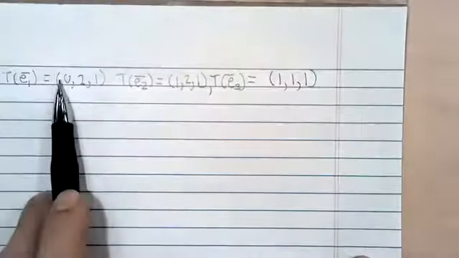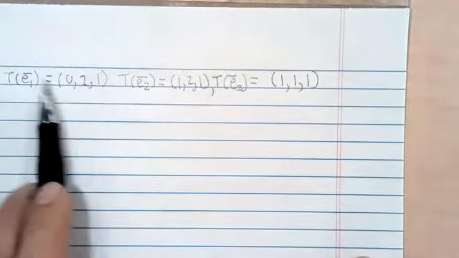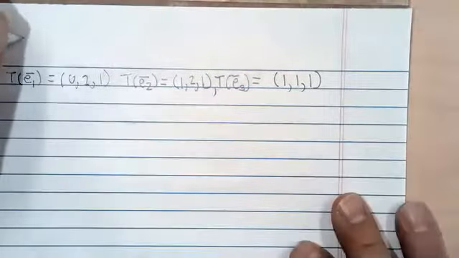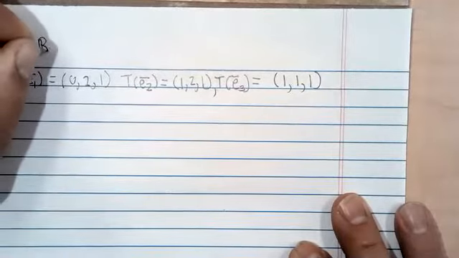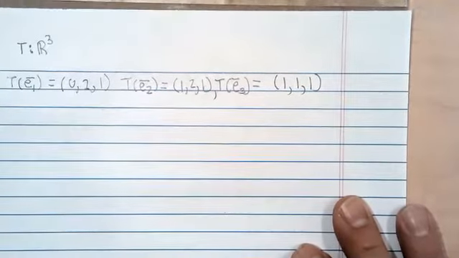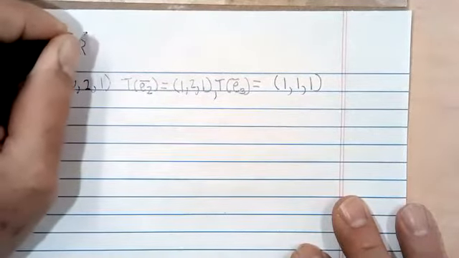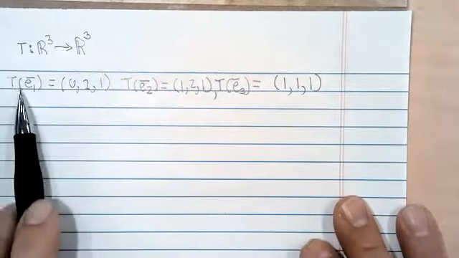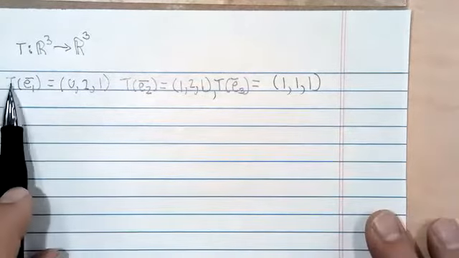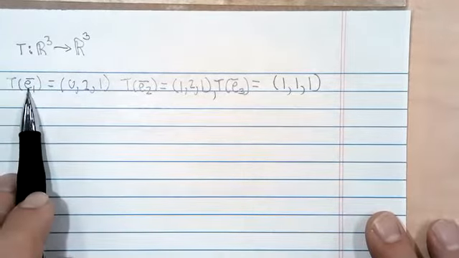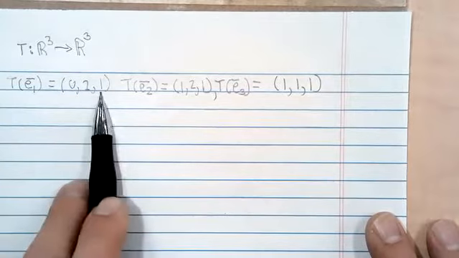So let's suppose we have this, and I squeezed it a little bit here. But what I know is I have a linear transformation, and it's going to start with 3-dimensional vectors, and it's going to produce 3-dimensional vectors. Also, I know this: if you take T of the first standard basis vector, that means 1, 0, 0, you get this.